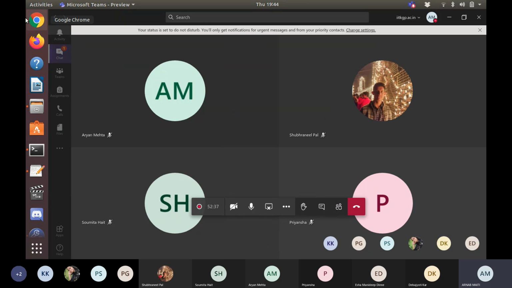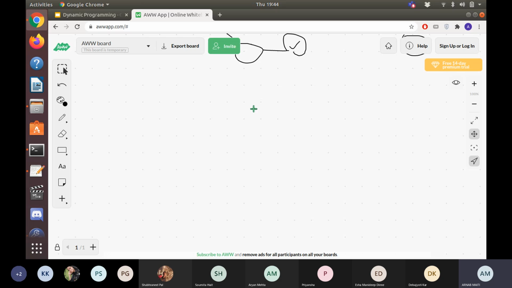Can someone tell whether they know independent set or not? So that if they don't know, I can tell what it is. Okay, then I'll just explain it quickly.